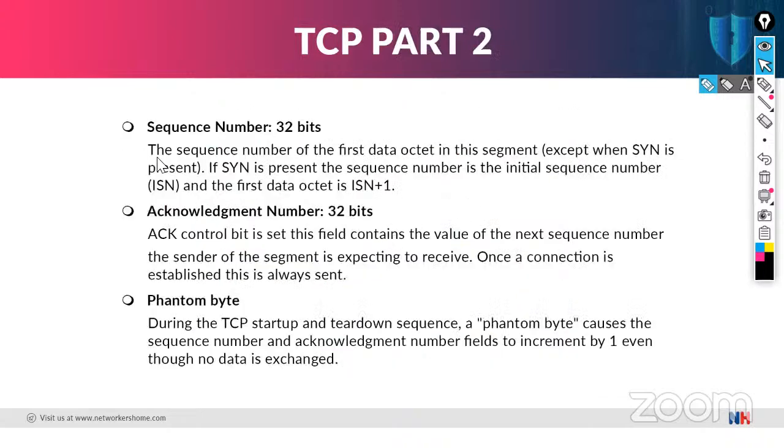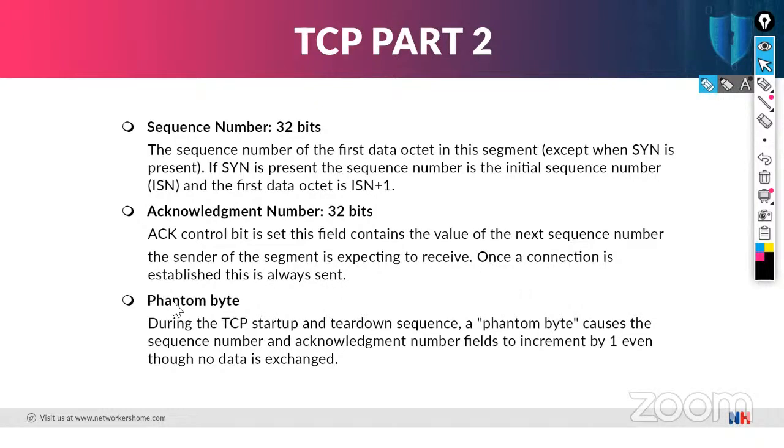See here, guys. Sequence number of the first data octet in this segment, except when SYN is present. If SYN is present, the sequence number is the initial sequence number, ISN, and the first data octet is ISN+1. Acknowledgement number, 32 bits: if the acknowledgement control bit is set, this field contains the value of the next sequence number the sender of the segment is expecting to receive.